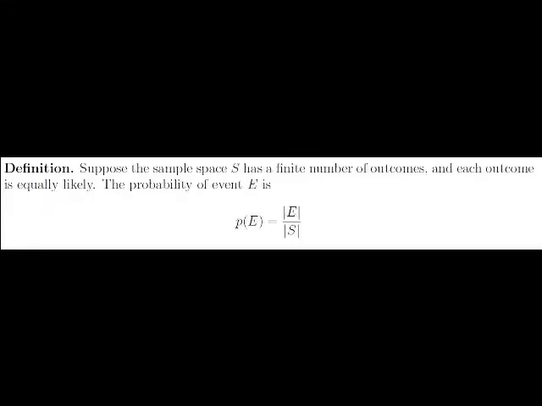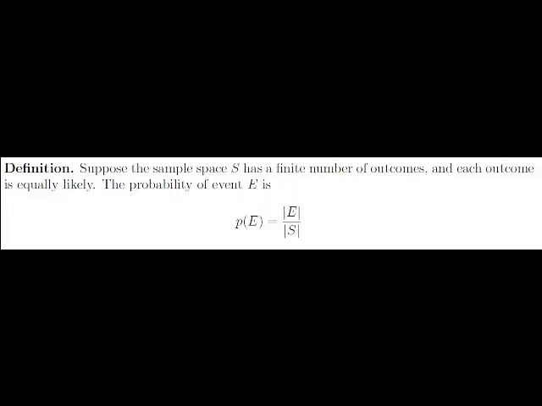Let's try the definition. Suppose the sample space S has a finite number of outcomes, which is important here, finite, and each outcome is equally likely, so that's also important.